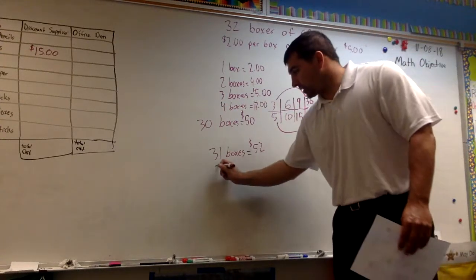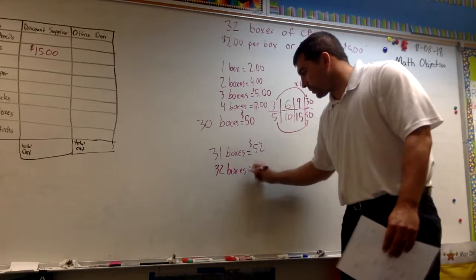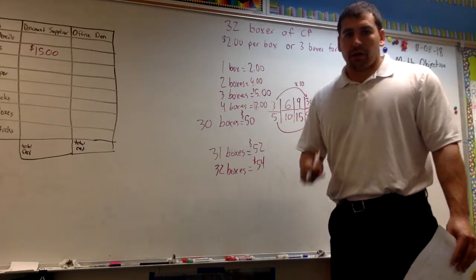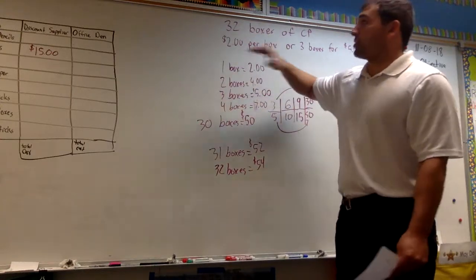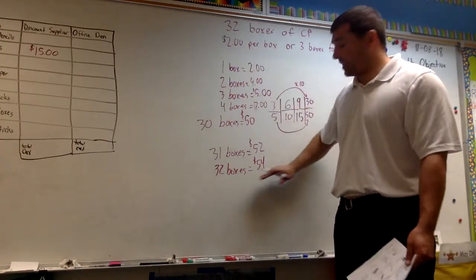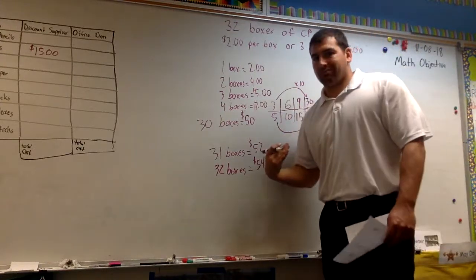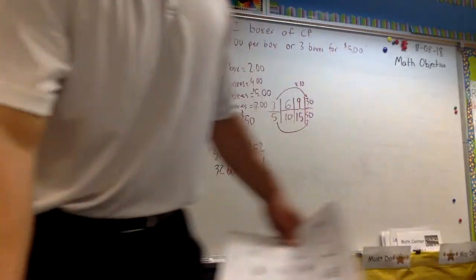What's 32 boxes going to cost? You're right. It will be $54. So remember when we said if everything was just $2, it was going to be $64. We saved $10 from this discount. So a little more work for you, but is it worth $10? I'd say so. Okay, so again, we got to go back over to our chart.